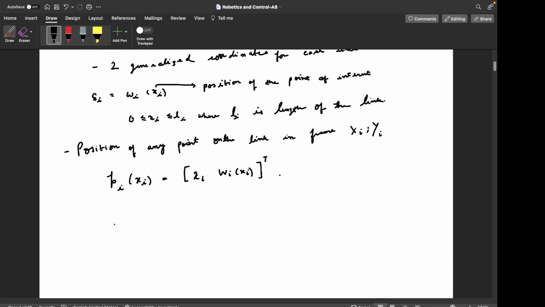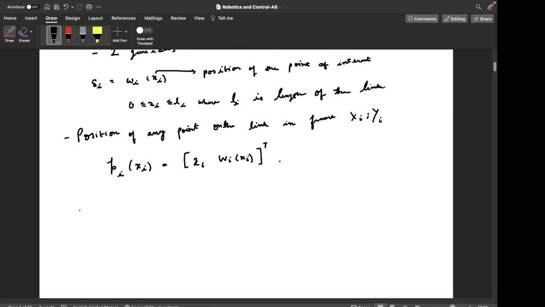Similarly, we can write other kinematical quantities and proceed with the kinematical analysis of the system. For instance, the rotation matrix of link i will be the same as before.